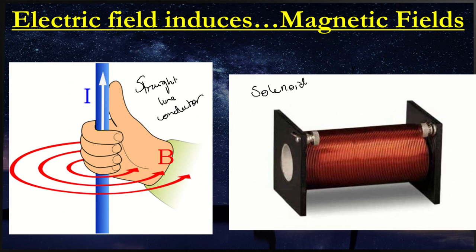Just so you know, a solenoid is essentially a series of wires rotated in a circular path. It will have its positive and negative ends, but essentially everything is rotated in a circular path.